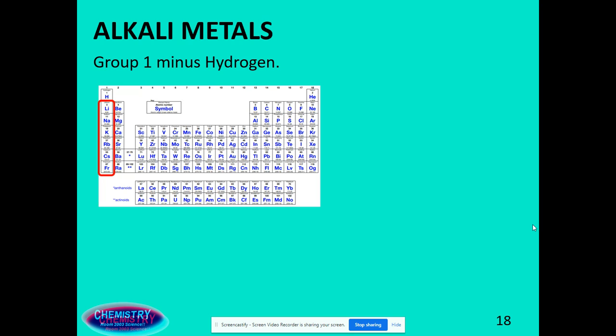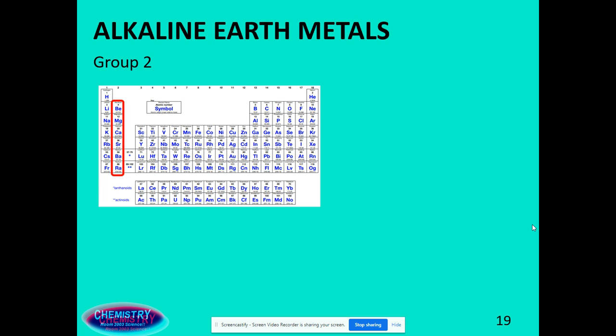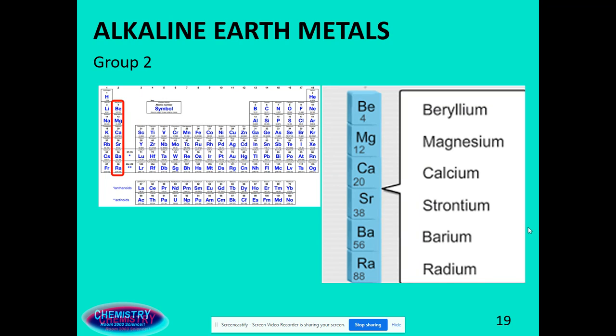This is group 1 minus hydrogen. So the alkali metals are lithium through francium in group or family 1. The second family with a special name are the group 2 elements, and they are referred to as the alkaline earth metals, beryllium through radium.